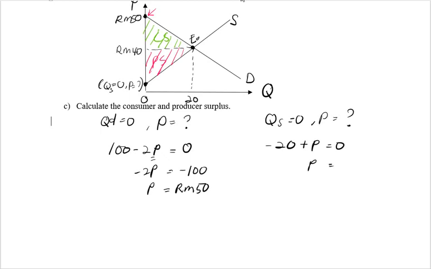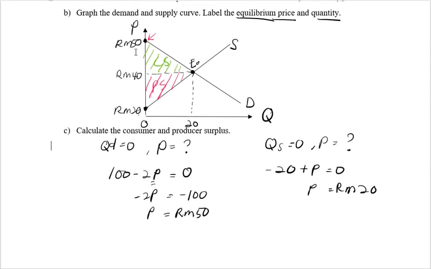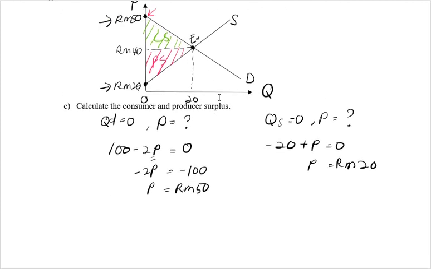So P equals RM20. Now you have the information needed in the question: RM50 and RM20. You can find the area of the triangle here. Your data is now complete.